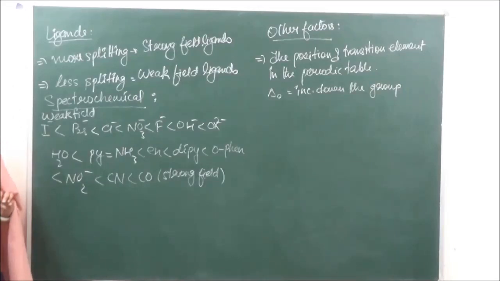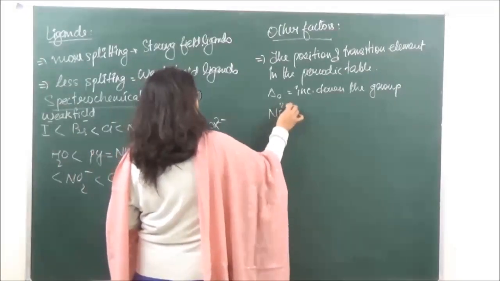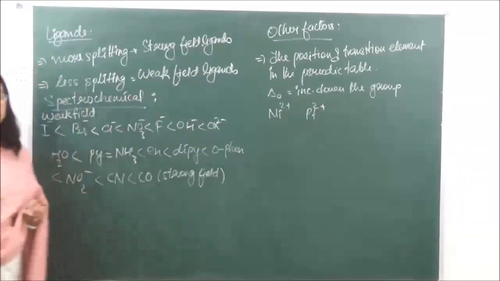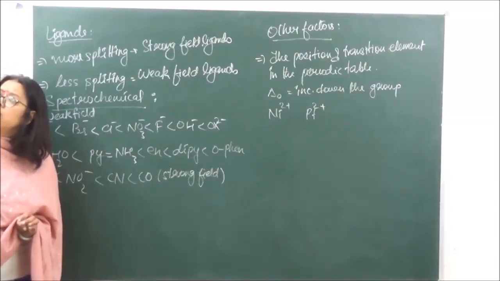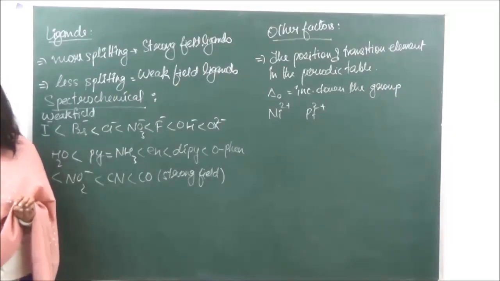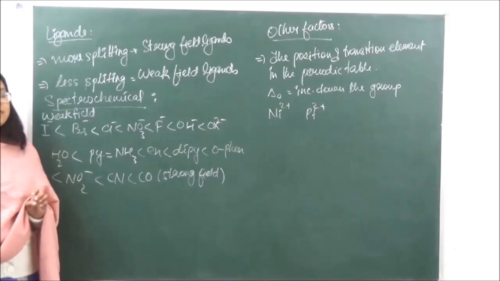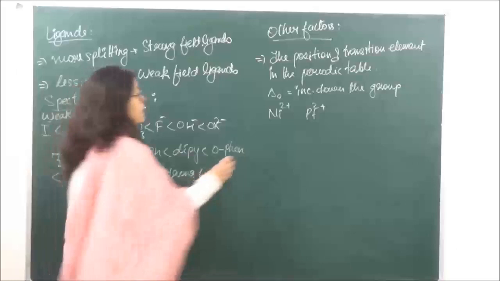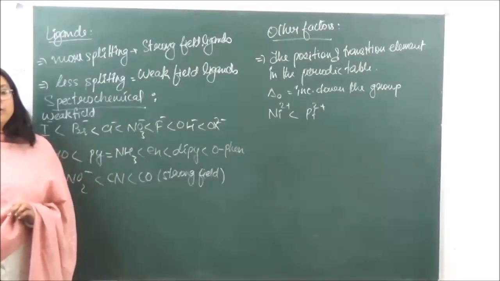For example, if you are taking Ni2 positive and Pt2 positive, nickel belongs to the 3d series and platinum belongs to the 5d series. So we're going down the group over here. It is observed that platinum complexes have large crystal field splitting. So as you go down the group, the crystal field splitting increases.